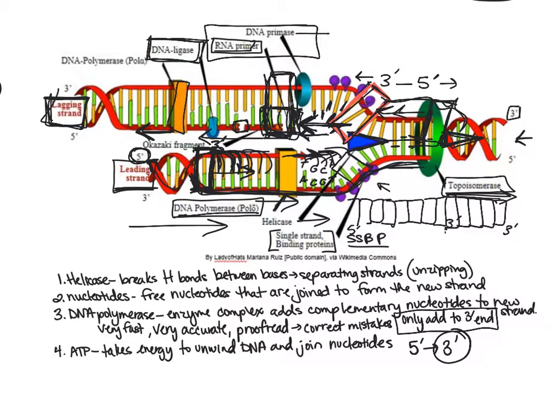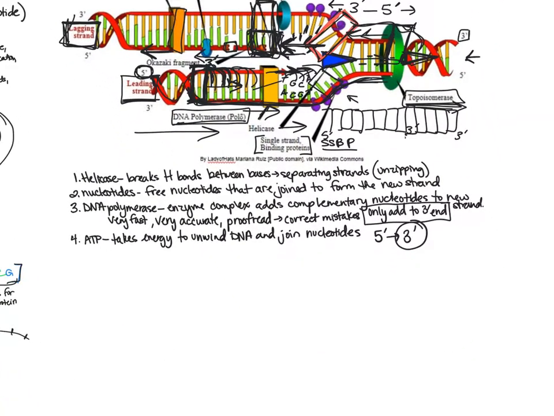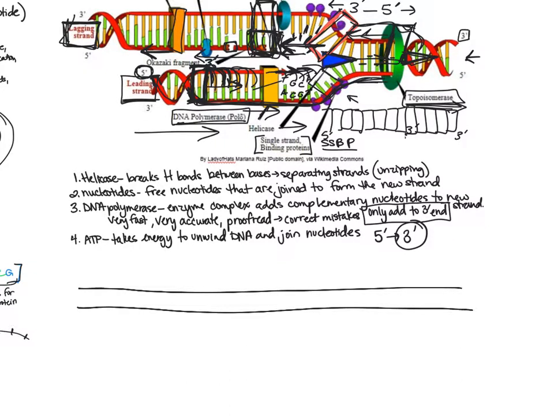All of this stuff that's happening right here is actually in what's called the replication bubble. What that means is that if we have our double-stranded DNA, this is one strand here, the other strand here, with hydrogen bonds between them, we go in with our helicase and start unzipping. Then we have our DNA up here separated from our DNA down here.